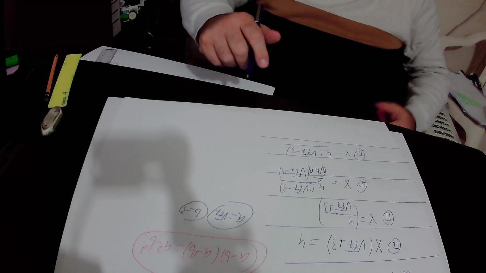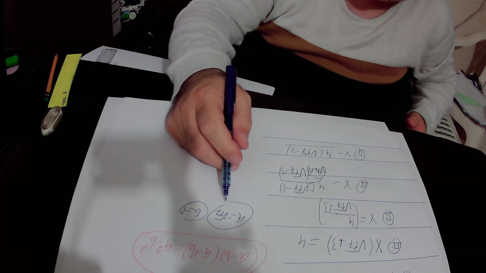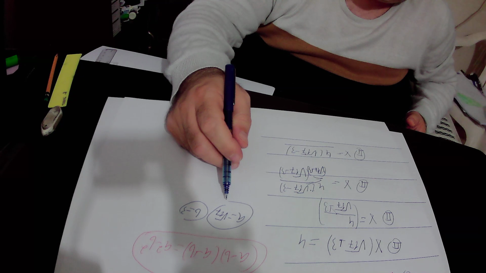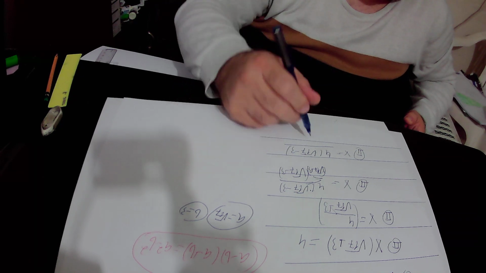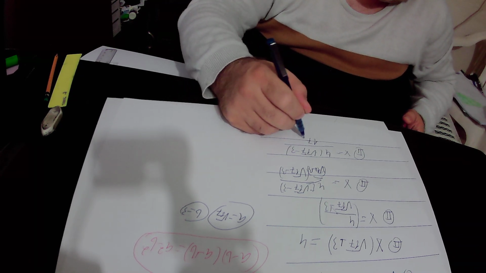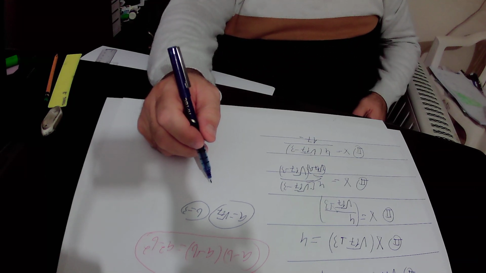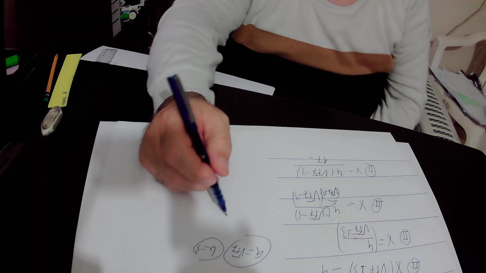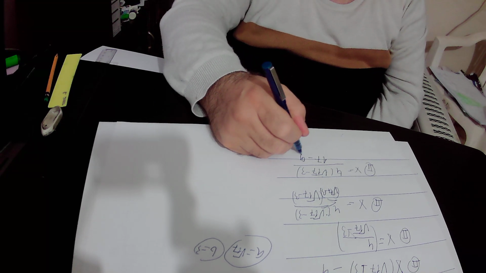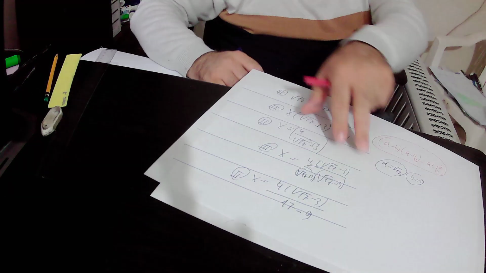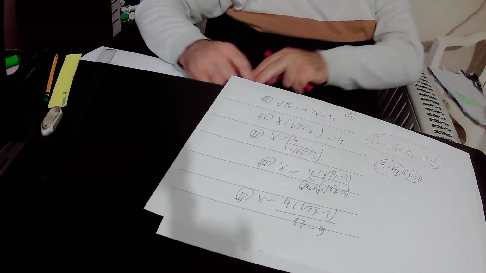So it is actually a square, the square of the square root of 17 is 17, minus b square. B is 3, so b square is 3 square, which is 9. So in conclusion, we arrive to this expression.